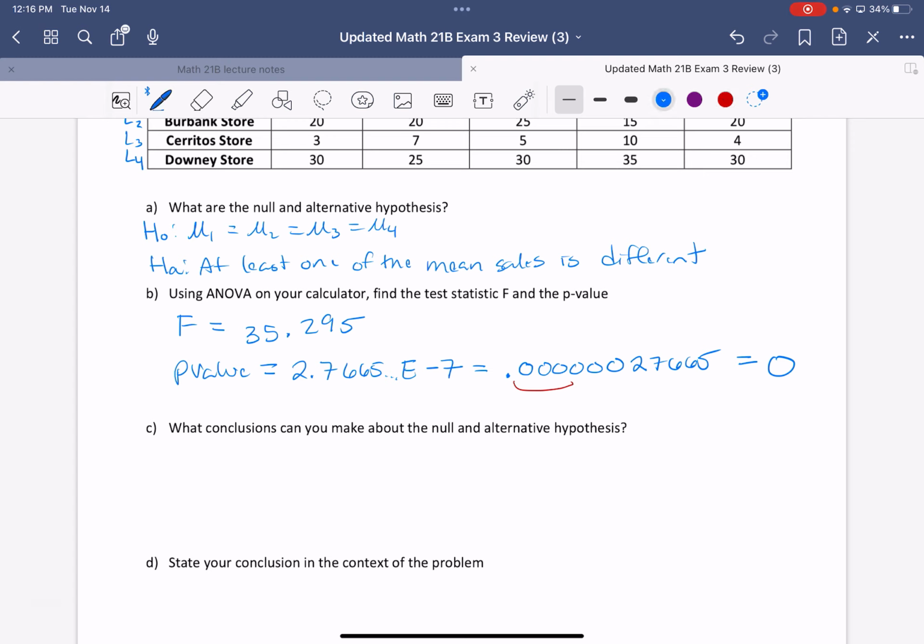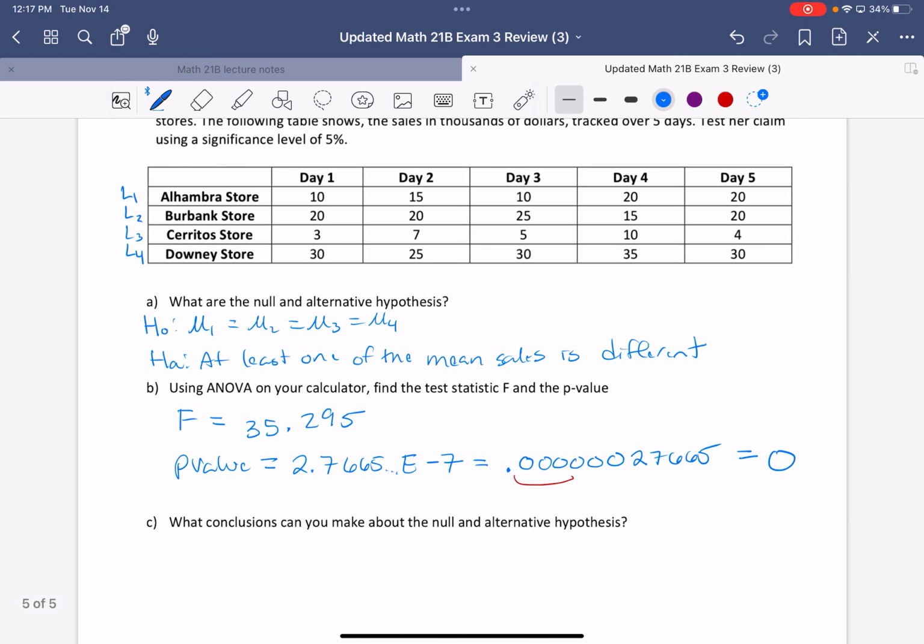Was it 4 lines or 5 lines? It's 4. There are 4 stores, so list 1, list 2, list 3, list 4. I'm counting 5. Are you counting the days? Don't include the days. We're looking along this column.